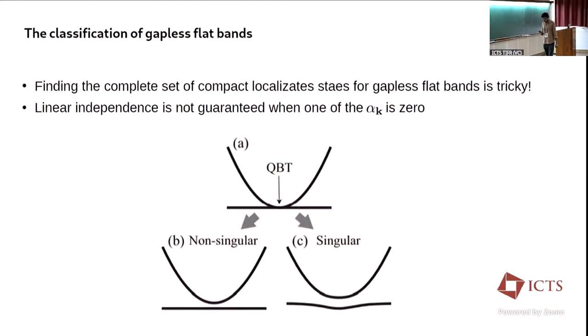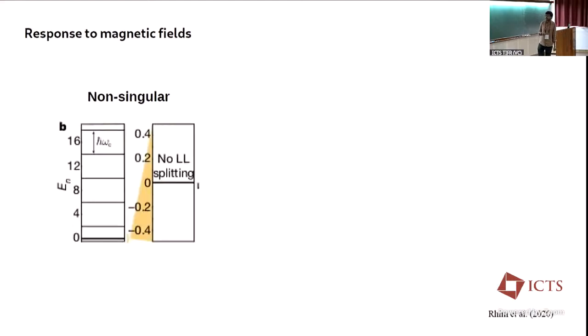Having understood this classification, we now move to the response of these kinds of systems when we expose them to magnetic fields. What has been understood so far is that if you expose a non-singular flat band to magnetic fields, you see, of course, the appearance of Landau levels. For these calculations, I'm always setting the flat band to be at 0, just for simplicity.